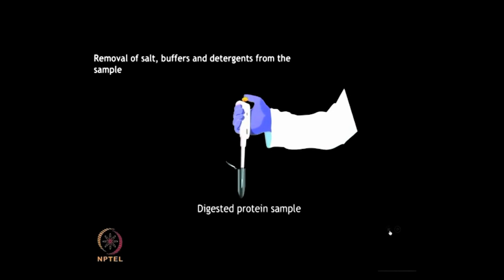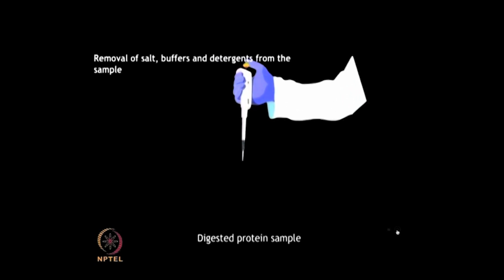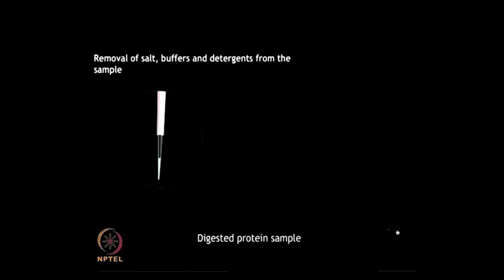Once the protein sample has been digested, all the salt, buffer and any detergent must be removed from the sample. So, after doing in-gel digestion and before proceeding to the mass spectrometry analysis, an efficient step is to use some filters or zip tips, which can eliminate some of these contaminants and salts.